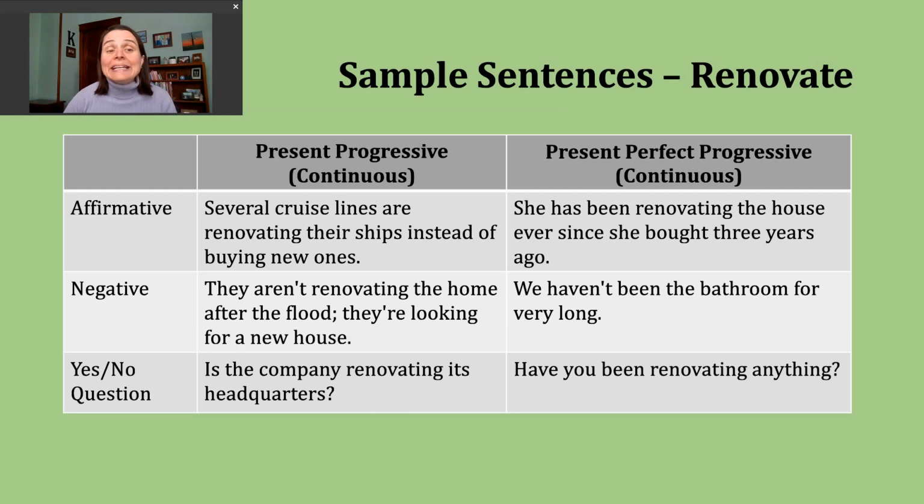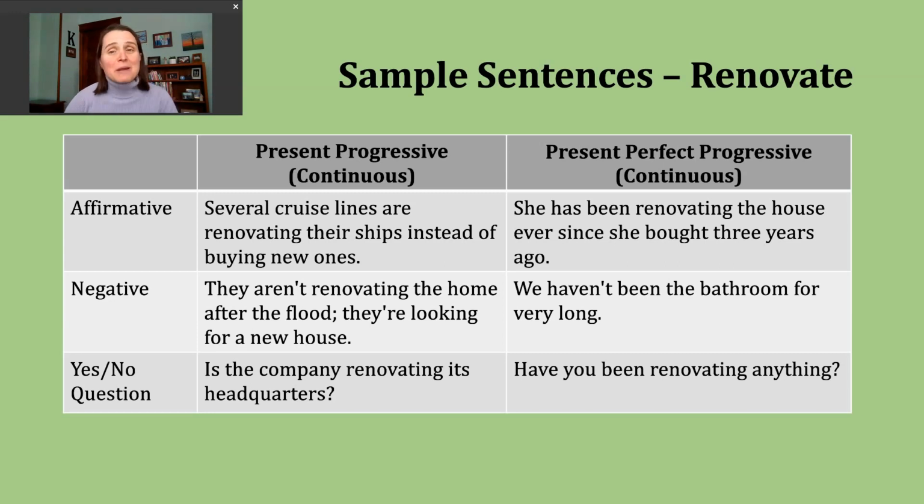Now let's talk about making negative present perfect progressive sentences. Our pattern here, again, requires us to pay attention to our subject. We're going to use either have not been in the ing form, or we're going to use has not been in the ing form.